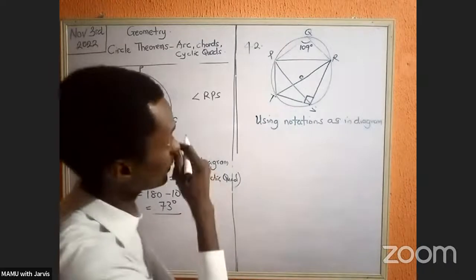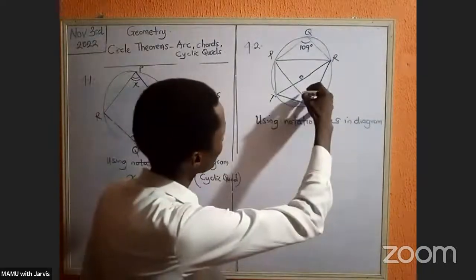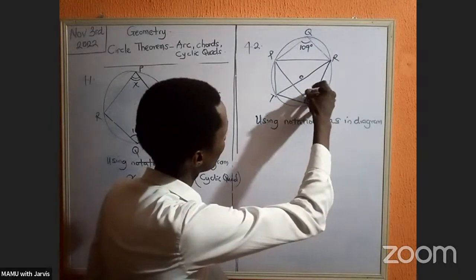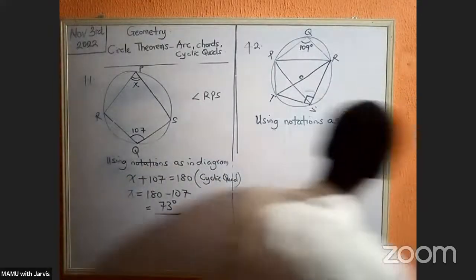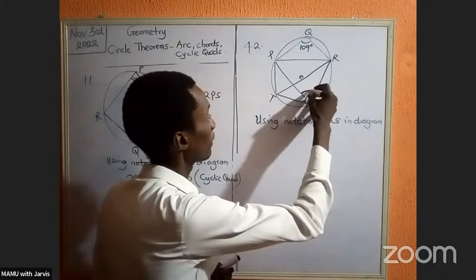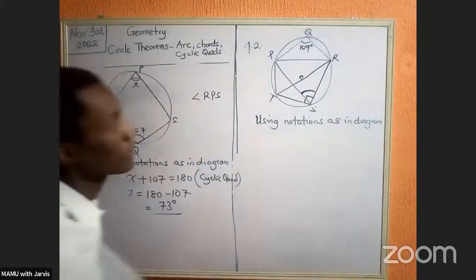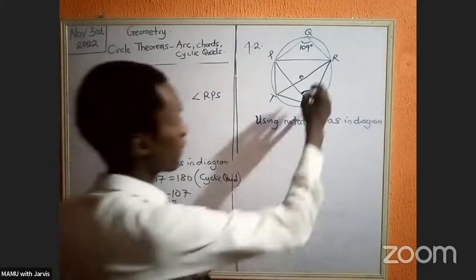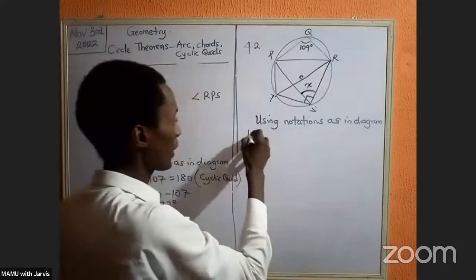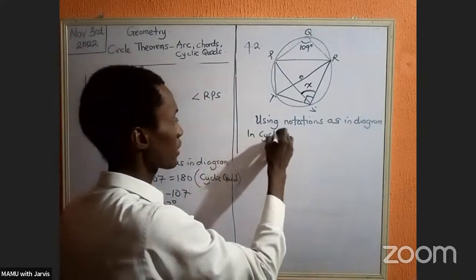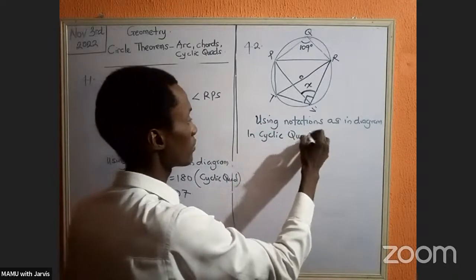Now, look at this part carefully. Are you seeing that? I'm going to call that part X based on the cyclic quadrilateral.